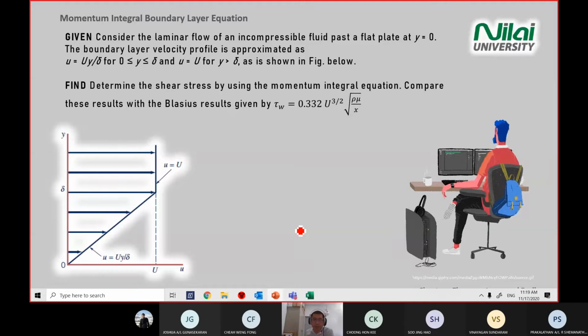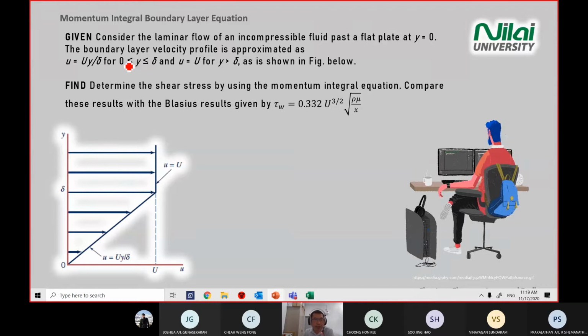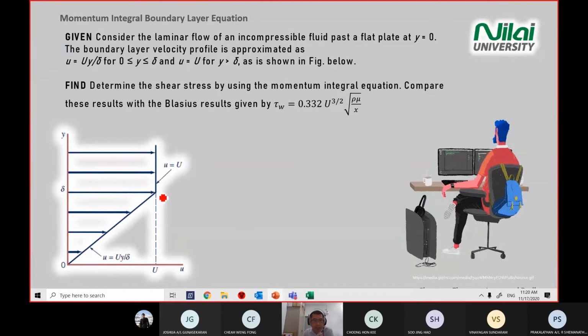On a flat plate at y equal to 0, the boundary layer velocity profile is given: u equals U y divided by delta, where delta is the height of the boundary layer. 0 to delta means from here to here, your area of interest. For y more than delta, u equals the upstream velocity big U. So you have a different velocity profile: inside the boundary layer thickness you use this equation, and outside the boundary layer you use the upstream velocity.